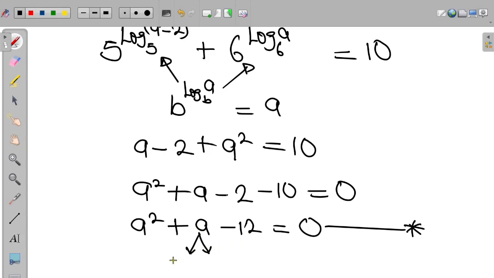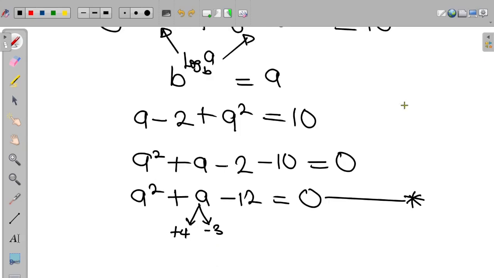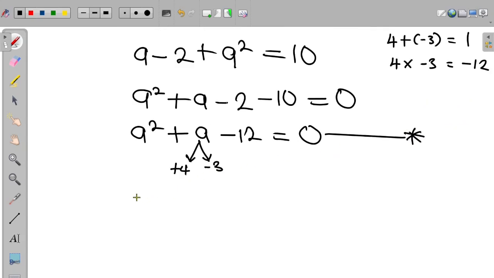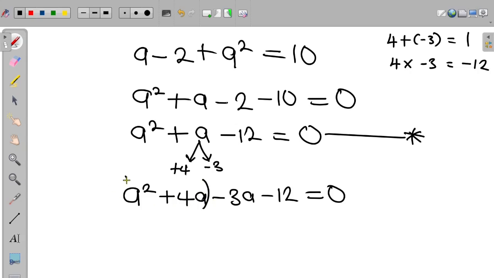And the two integers are plus 4 and minus 3. This is because 4 plus minus 3 is equal to 1, and also 4 times minus 3 is equal to minus 12. So the equation now becomes a squared plus 4a minus 3a minus 12 equal to 0. Now we can factorize by grouping.